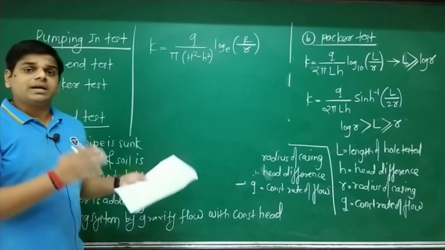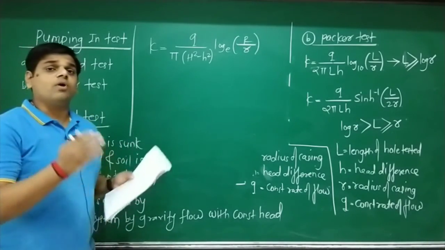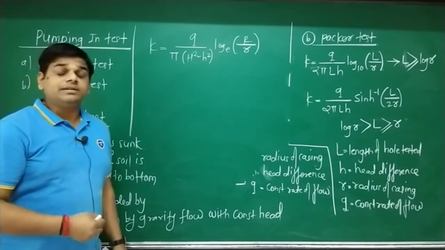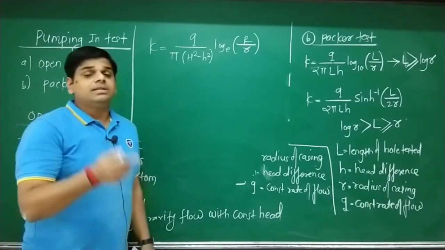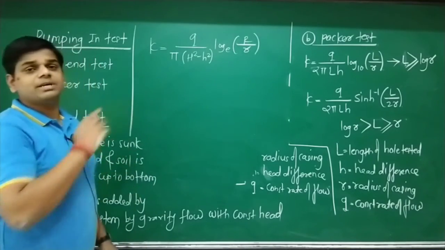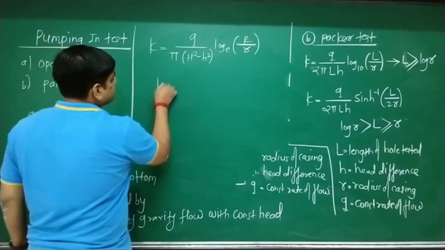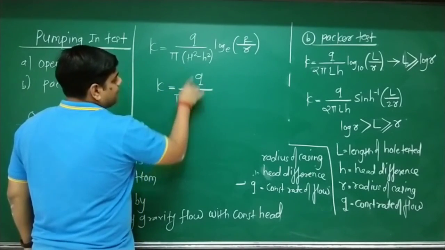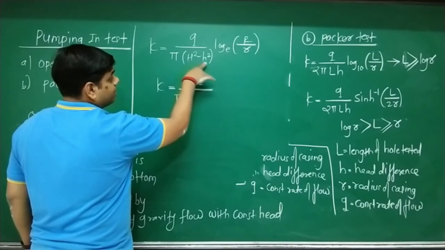If you want to take the concept of observation well, or you want to take the readings related to observation wells, then you can replace these terms for observation wells in the same expression. And how the expression becomes: K equal to discharge as it is upon pi, capital H is larger compared to small h.